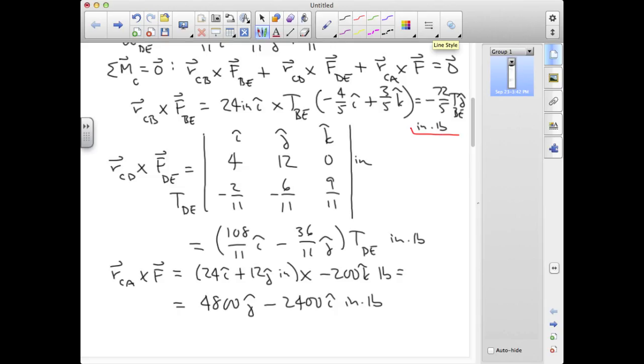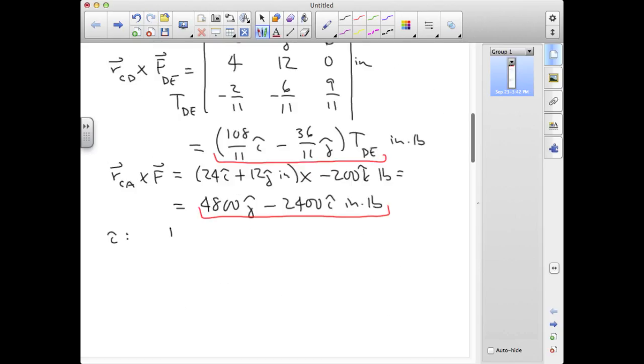So now we have these individual terms, and we want to collect all the I, J, and K components together and force each of those scalar equations to be in equilibrium. In the I direction, we get 108 over 11 TDE minus 2,400 equals 0. We can solve for TDE directly there, and that ends up being 244.4 pounds.